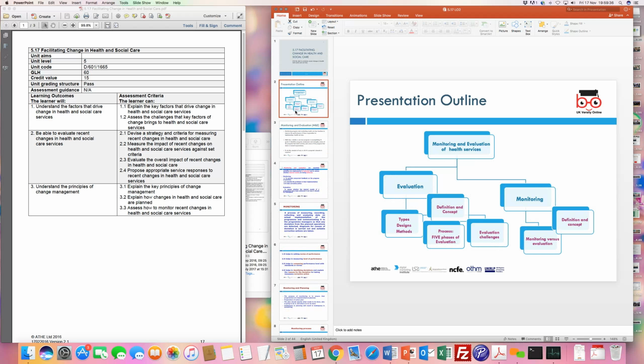One of the key things we have to understand is the CARE Act of 2014, which came out because the government really felt that we need to have a definition.